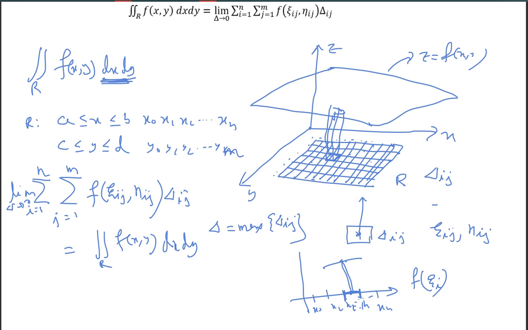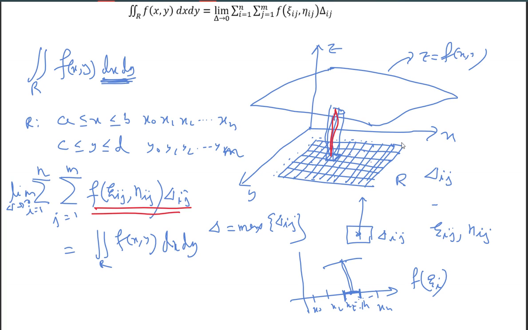That is the projection, this line, some line over here, let me take another color. We are drawing a perpendicular straight line like this. This is the value of f of xi ij, eta ij, which is multiplied by this area, and that is the volume. This is the small volume we are taking here, and if you take the summation over all ij, that is all these cylindrical volumes, that is what we are finding.